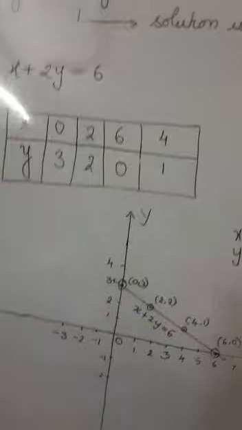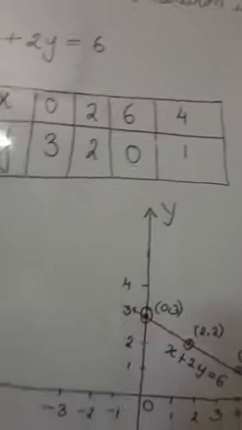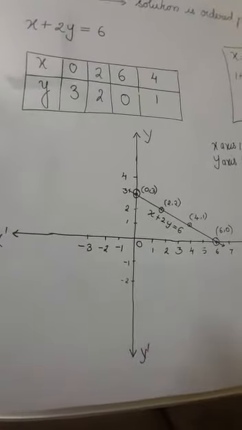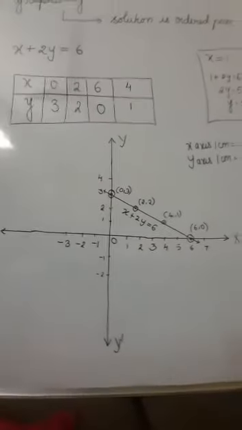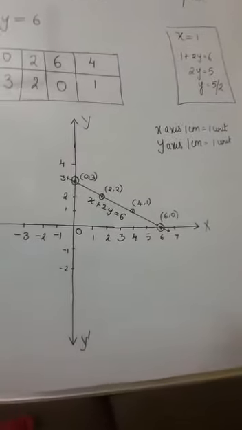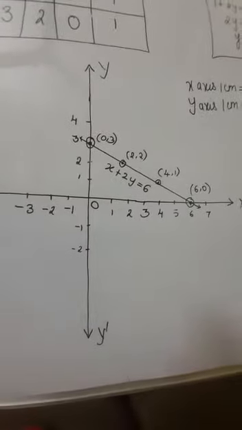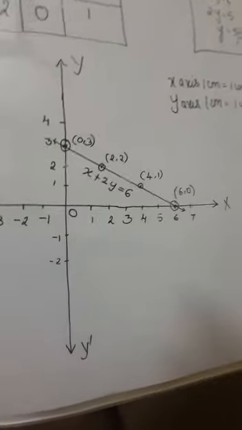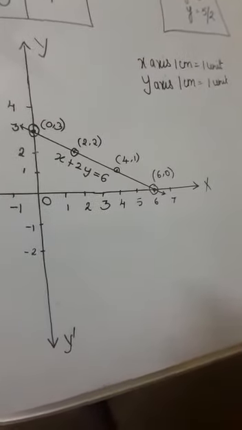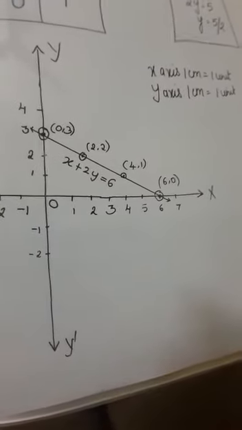Here, see, in your graph it is mandatory to mark the Cartesian plane: x, x dash, y, y dash. You have to write the scale. X-axis 1 centimeter is 1 unit.